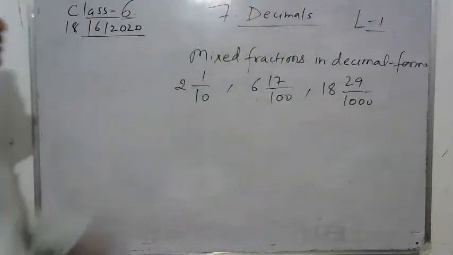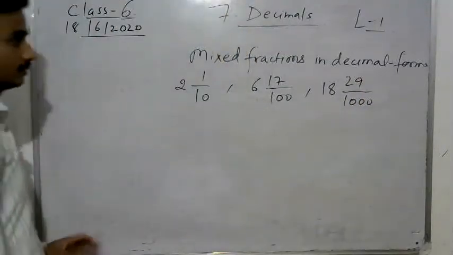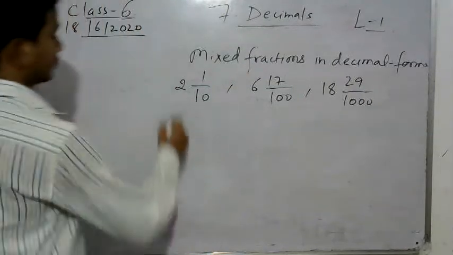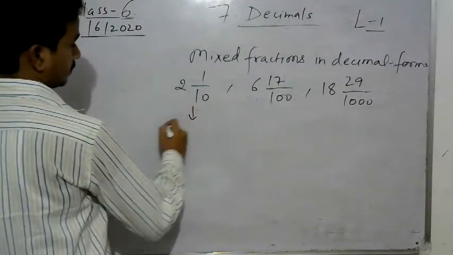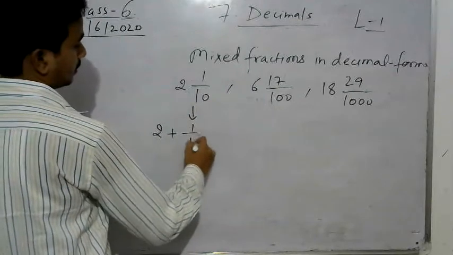So how do we write these mixed fractions in decimal form? I can write it as 2 plus 1 by 10.